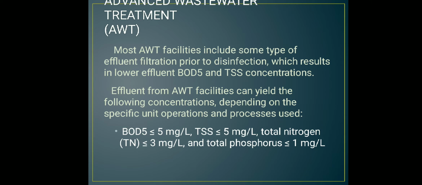Most AWT facilities include some type of effluent filtration prior to disinfection, which results in lower effluent BOD5 and TSS concentrations. Effluent from AWT facilities can yield the following concentrations depending on the specific unit operations and processes used.